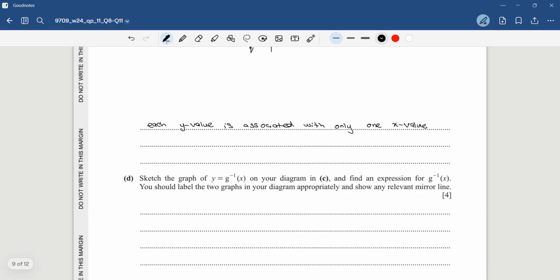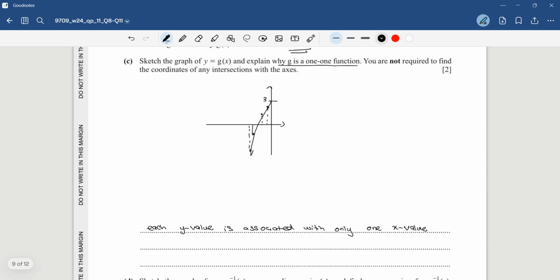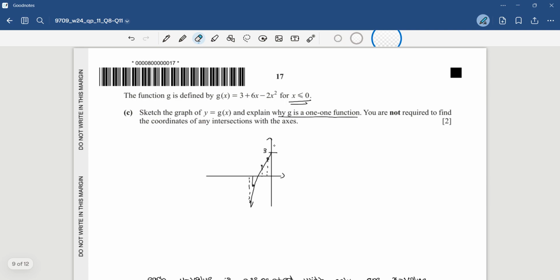And for D, sketch the graph of y equal to g inverse on your diagram C and find the expression of y equal to g inverse x, and you should label the two graphs appropriately with the relevant mirror line. So I just redraw this again.